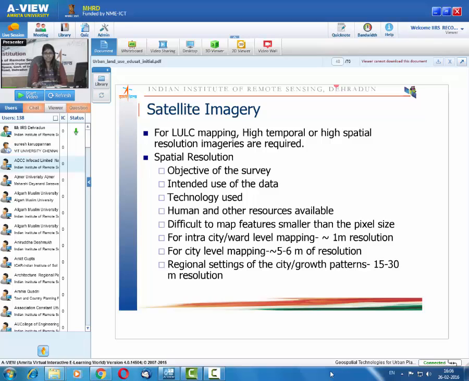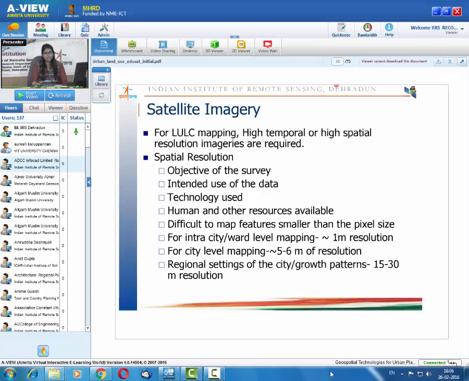For intra-city or ward level mapping, 1 meter resolution. For city level mapping, 5 to 6 meter resolution. And for regional setting of the city growth pattern, we can have 15 to 30 meter resolution. I'll give you all three examples.